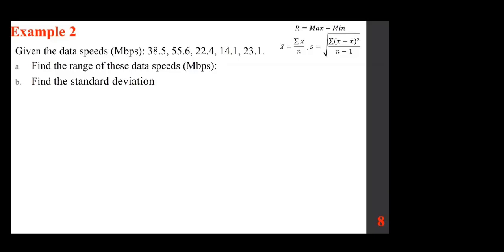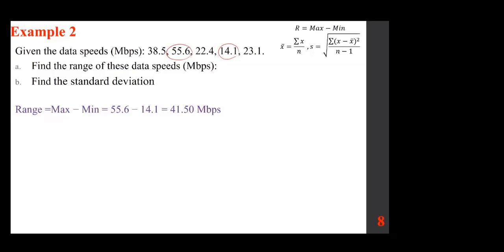We have to rank the data, or in this case, maybe it's small enough even without ranking, you can see it, but it's good practice to rank it. In order for you to find the range, you need the largest minus the smallest. The max minus the min: 55.6 is the largest, and 14.1 is the smallest. Put it in descending order or ascending order.